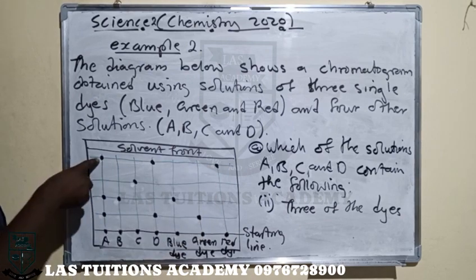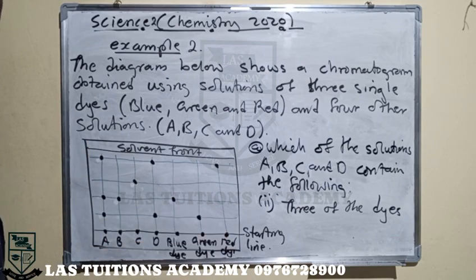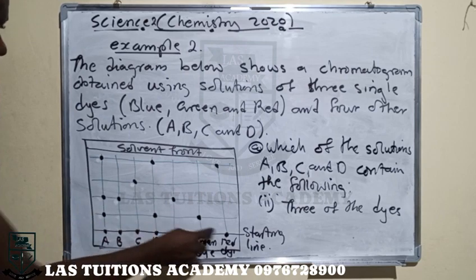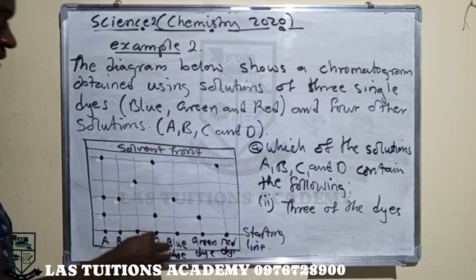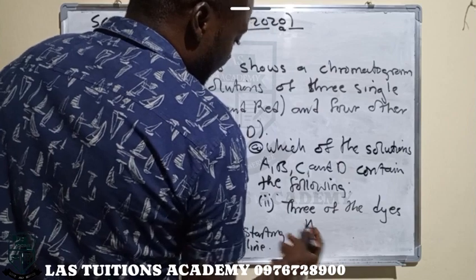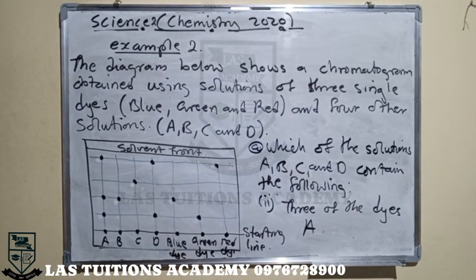So even A has a spot on the fourth line. So we see that A contains all the 3 dyes. Because blue here, it's found. Green here, it's found. Red there, it's found. So A contains all the 3 dyes. So our answer here is A. Among these solutions, A contains all the 3 dyes.